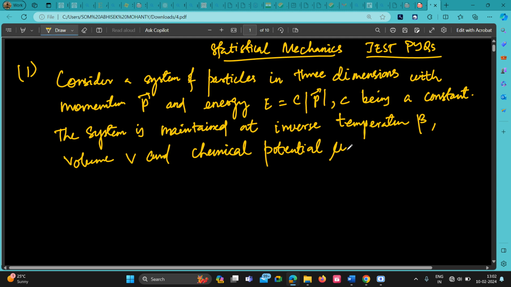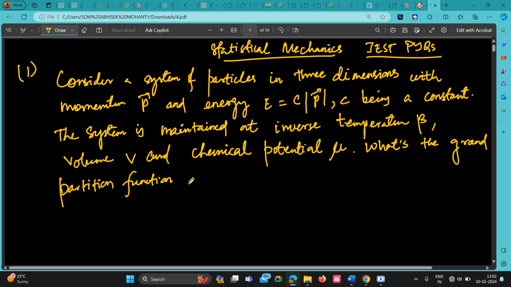What is the grand partition function of the system?